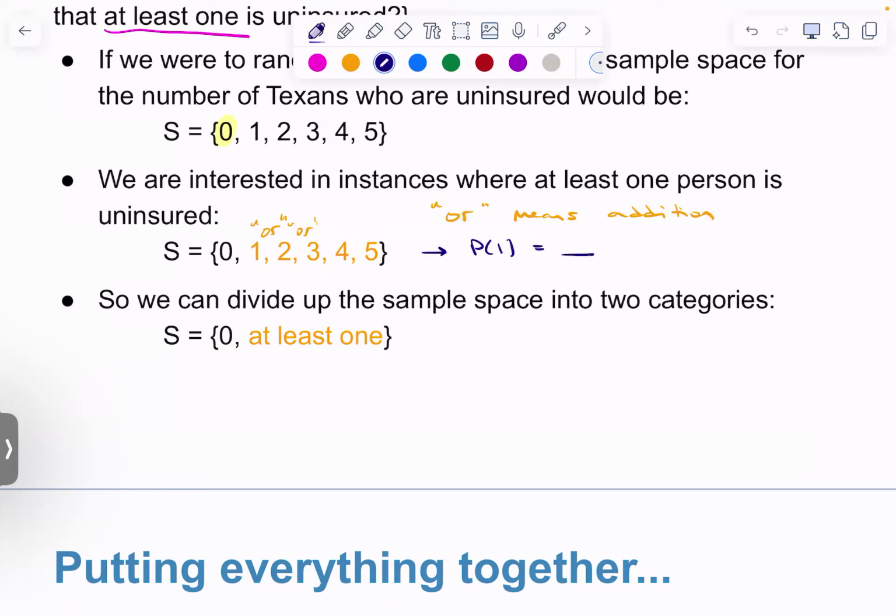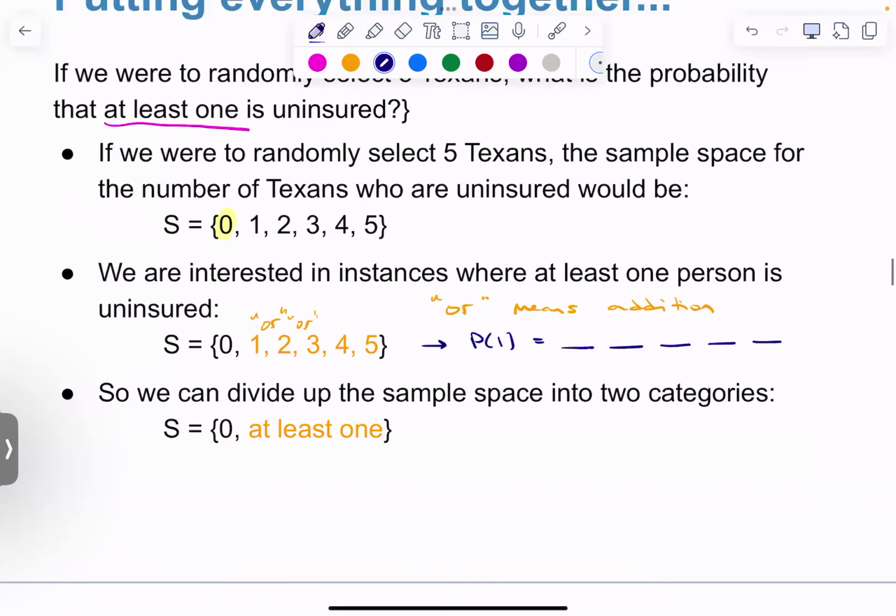It looks like this: 1, 2, 3, 4, 5. 5 randomly selected Texans. It doesn't matter where I put that 1 individual, right? And order doesn't matter in this case. And so I'll just make the first Texan uninsured at a probability of 0.255.